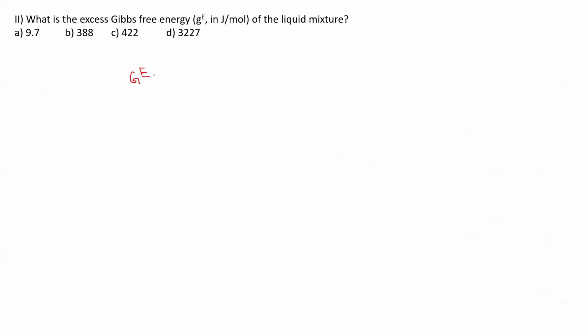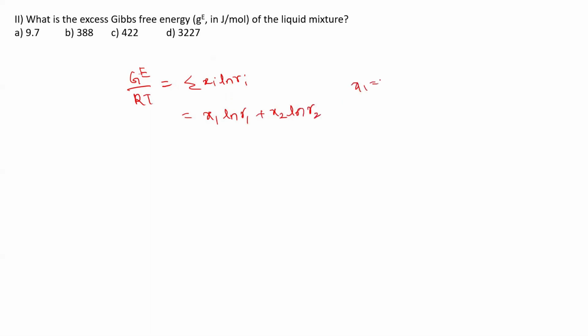And the second question is, what is the excess Gibbs energy of the liquid mixture? So we know we have a relation G by RT is equal to sigma xi ln gamma i, so equal to x1 ln gamma 1 plus x2 ln gamma 2.